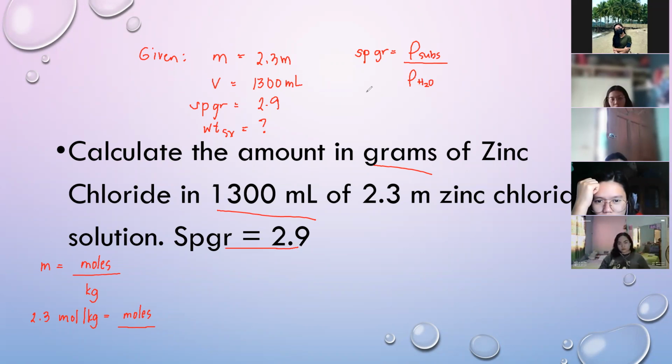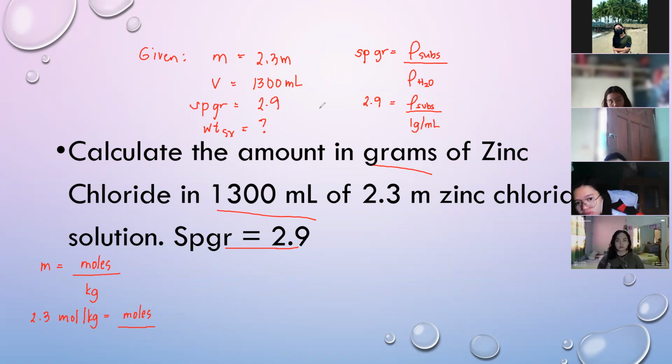Now, the specific gravity of zinc chloride is 2.9. That is given in the problem. We will be looking for the density of the zinc chloride. So, this is for the substance. Now, class, yung density ng water, automatic yan siya, 1 gram per ml. You just have to be familiar with that the density of water is 1 gram per ml.